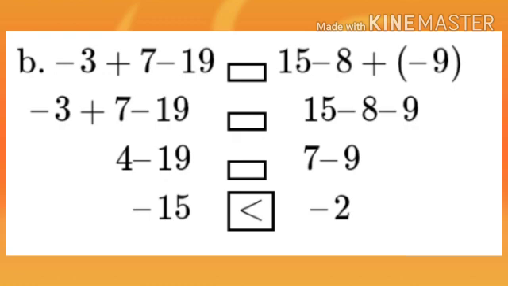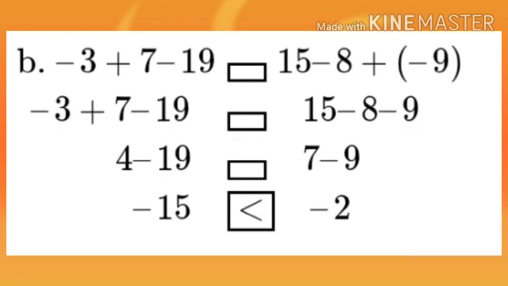Then the next expression is 15 minus 8 plus of minus 9. Here also subtraction and addition operations are performed. First we can take 15 minus 8. 15 minus 8, normally we know that is 7. 7 minus 9. One is a positive number, another one is negative, which means write 7 as it is.